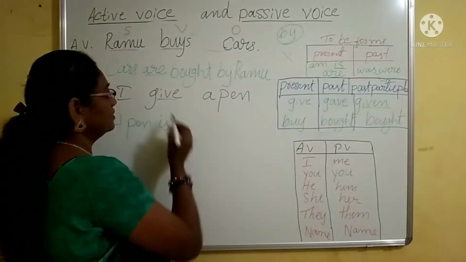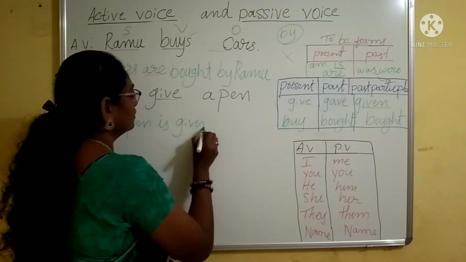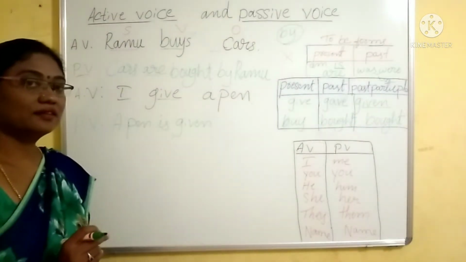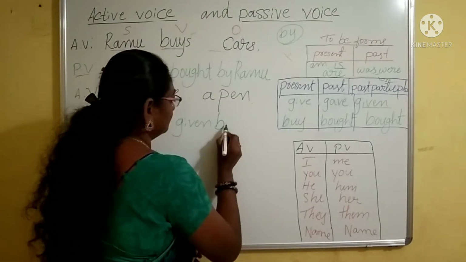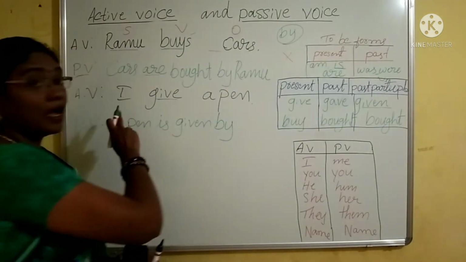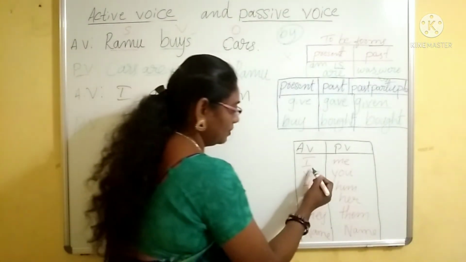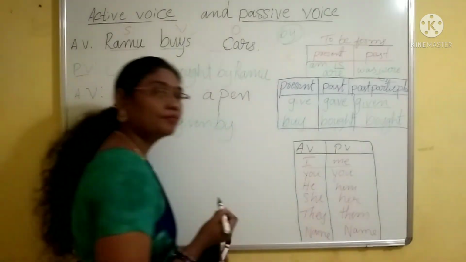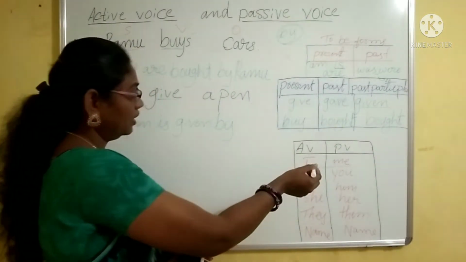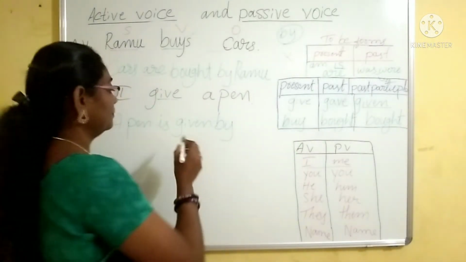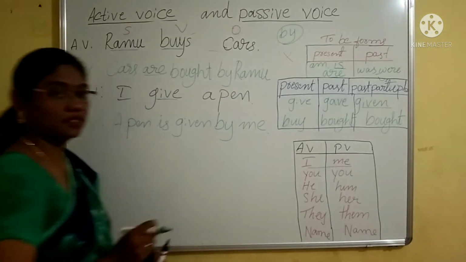A pen is given. Then we have to add by. I will become me as per the table, in passive voice. Me. That's it.